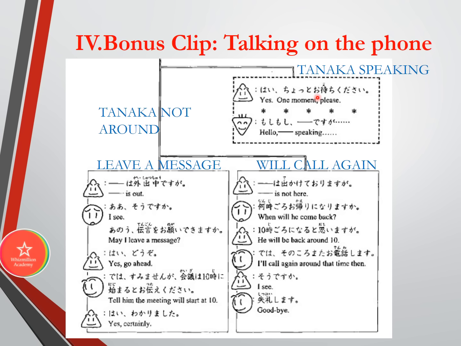In this second part of the conversation, there are several polite and respectful expressions. The first respectful expression, sonkeigo, that we can find here is omachi kudasai. When you are requesting someone politely to wait, omachi kudasai. Then the next polite sonkeigo is otsutae kudasai.